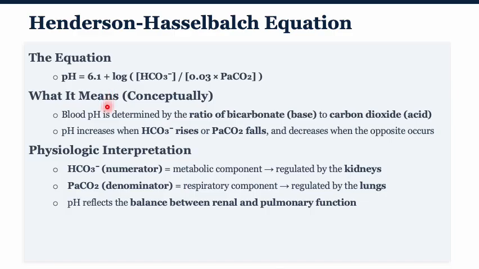This slide discusses the Henderson-Hasselbalch equation. This is an equation to calculate the pH. So pH is equal to 6.1 plus the log of the bicarbonate divided by 0.03 times the partial pressure of carbon dioxide.